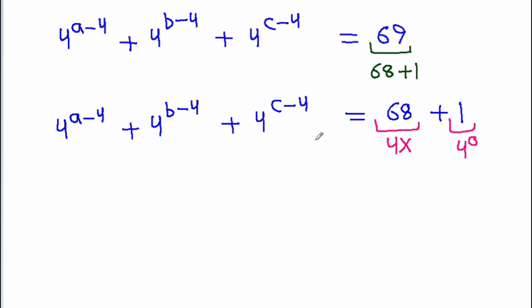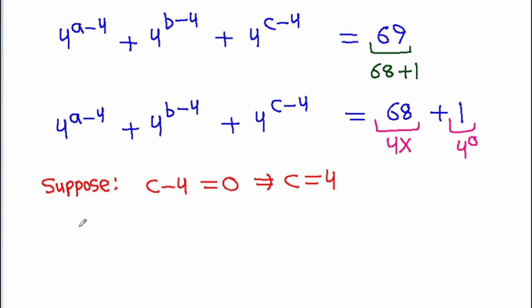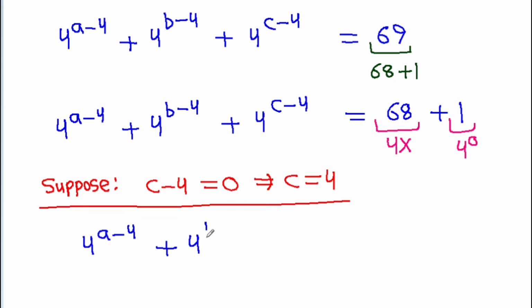That means any of a-4, b-4 and c-4 must be 0. So suppose c-4 is 0, that means c is 4. Then 4^(a-4) + 4^(b-4) will be 68.